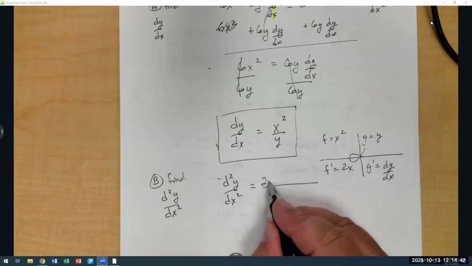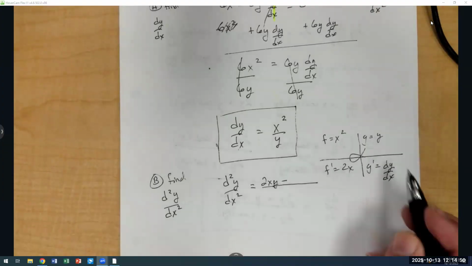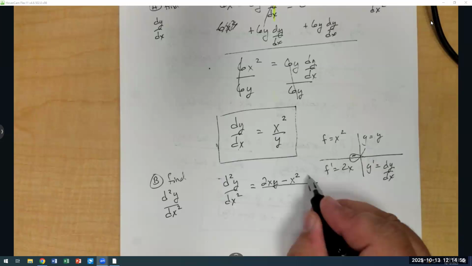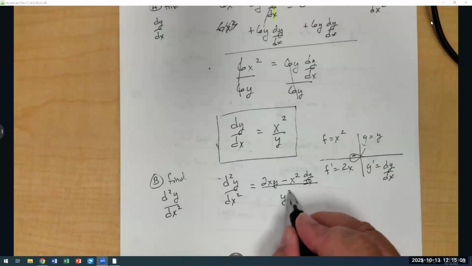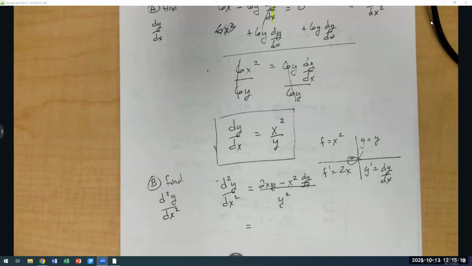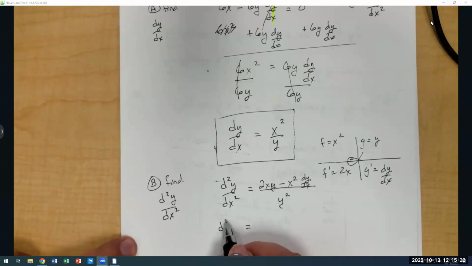So we have 2xy minus, this is a quotient, x squared dy/dx all over the bottom squared. So d squared y over dx squared.